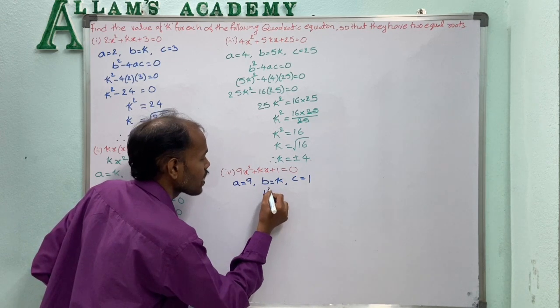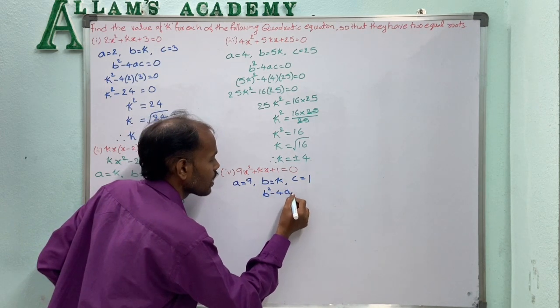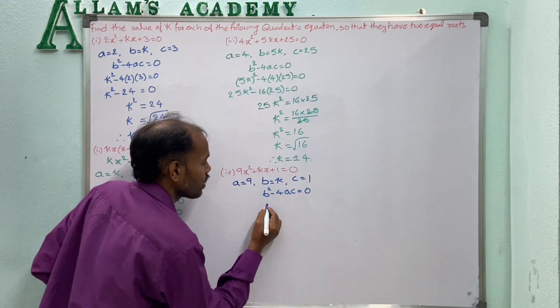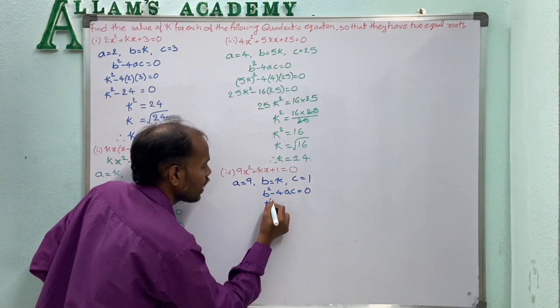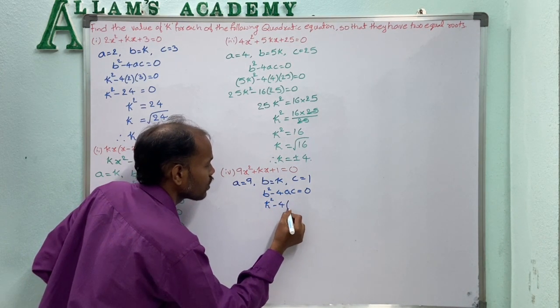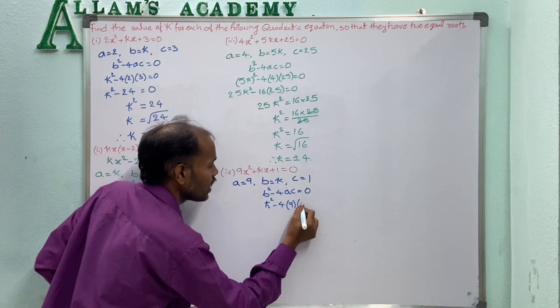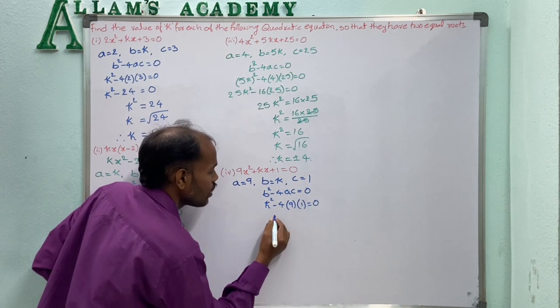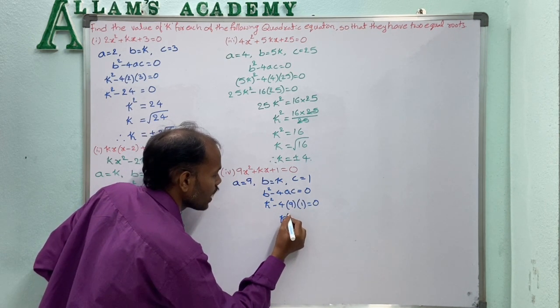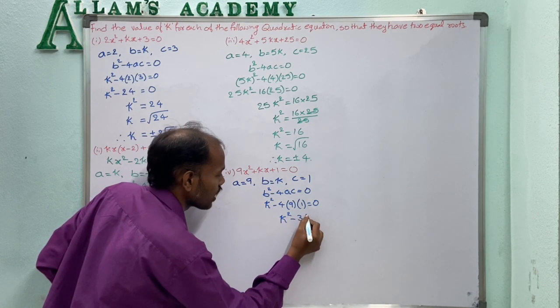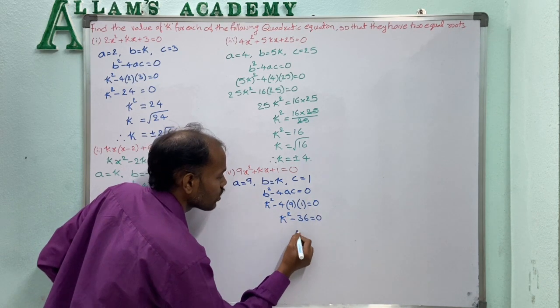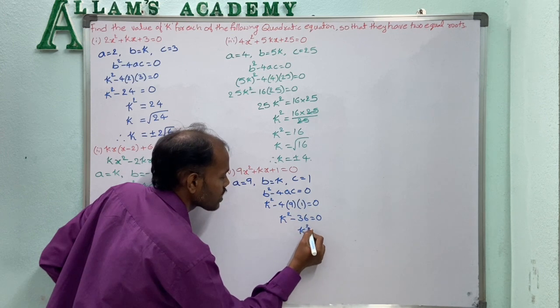Now the roots are equal, that means the discriminant b square minus 4ac equals 0, with b equal to k. So k square minus 4 into a equal to 9 and c equal to 1 equals 0. So k square minus 4 into 9, 36, into 1 equals 36, equal to 0. K square minus 36 equal to 0.